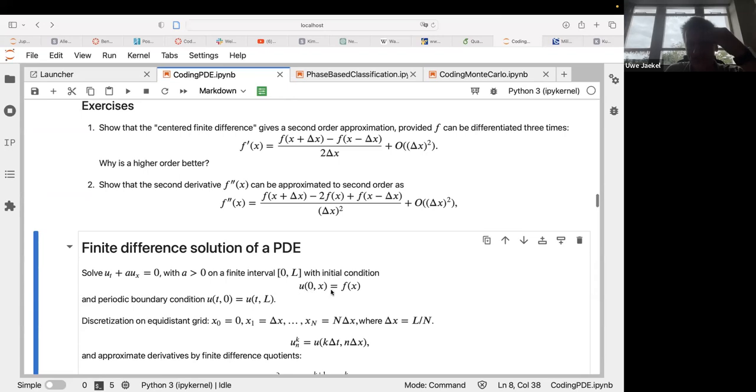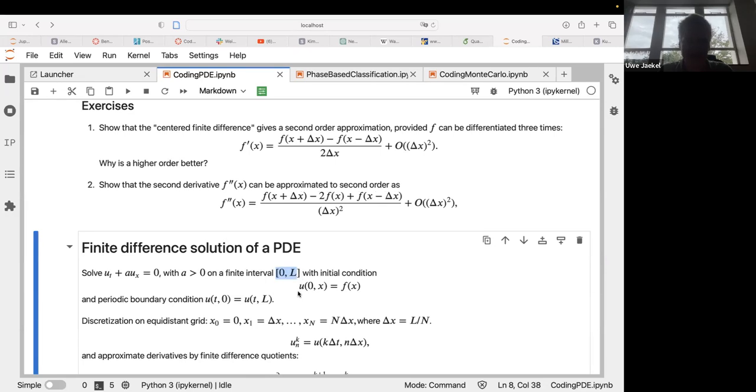We have an initial condition. I called this U0, now I call this f of x. Because we cannot have an infinite interval for all practical purposes, we restrict ourselves to a finite interval. And let's assume what happens if the function is transported via the left or right boundary of the interval: let's just assume that we have a periodic boundary condition.